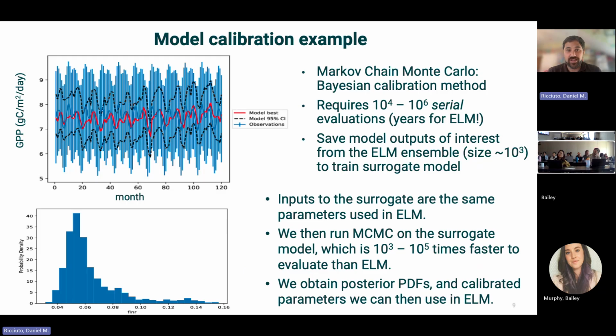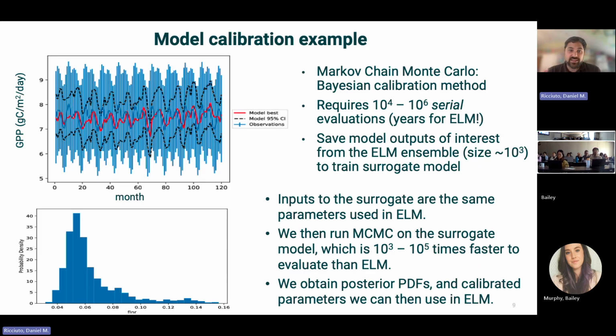But it requires a lot of evaluations, and importantly, those evaluations have to be done in serial because it's kind of a chain. So 10,000 to a million serial evaluations for a model like ELM, where even for a single site, it can take multiple hours. You can imagine that exercise would take years.